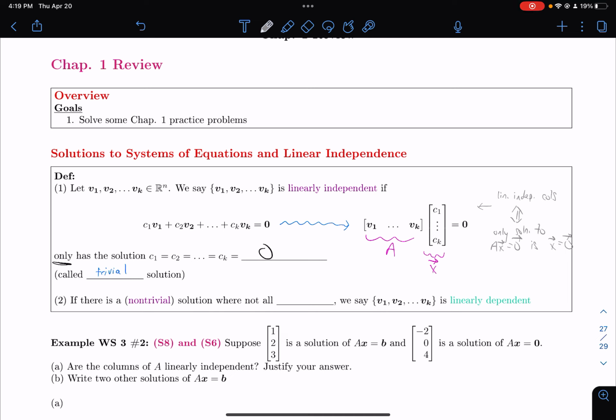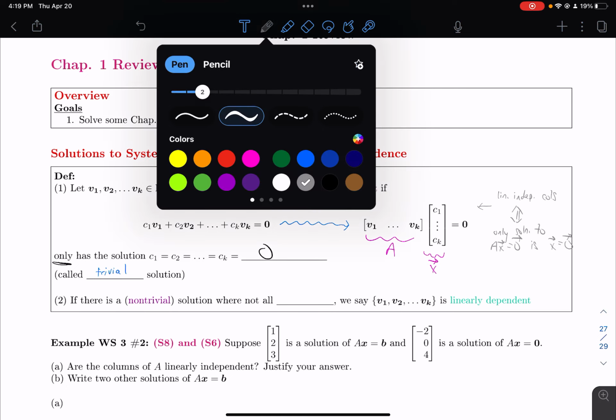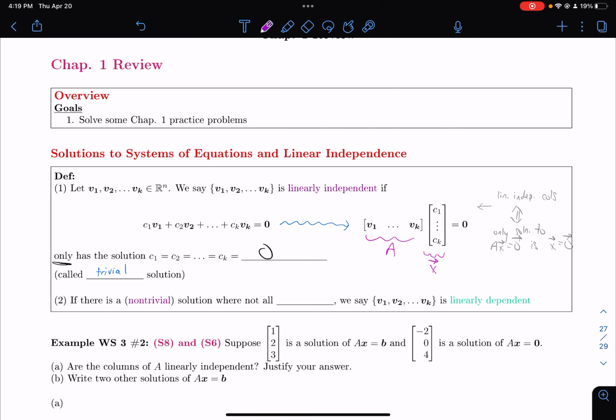It only has the trivial solution. On the flip side, if there is a non-trivial solution, where not all of the ci's equal 0, then we say the vectors are linearly dependent. Okay, so that's just a review of those definitions.